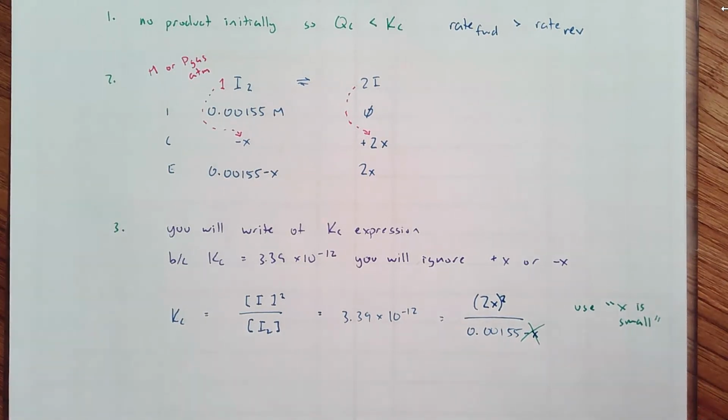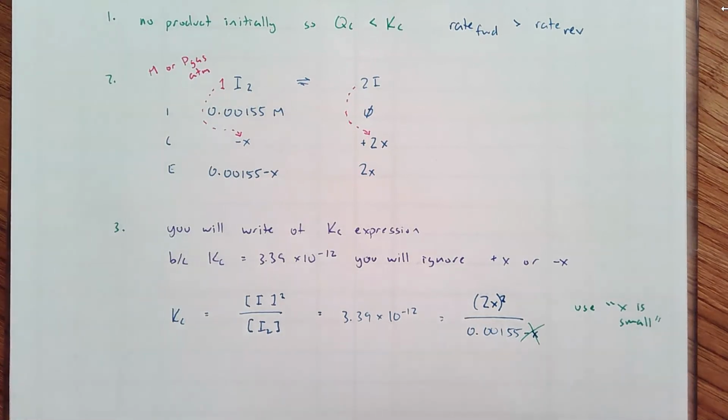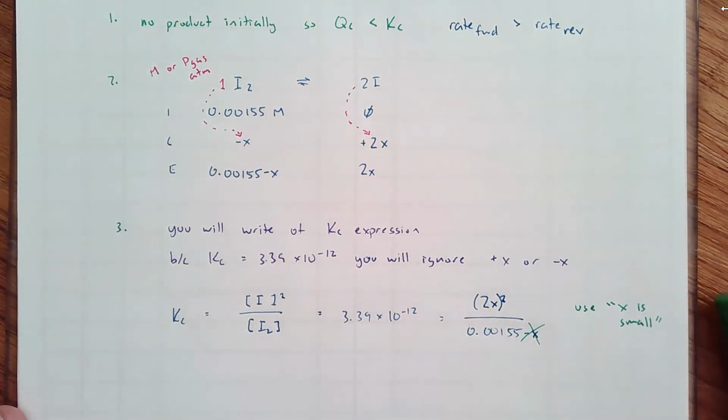So how about we weigh ourselves, with a bunch of change in our pockets, and then we weigh ourselves again but we remove one of the quarters that was in our pockets. Essentially, it's the same weight because that quarter is so small compared to our body weight. We're going to have to double check that. We'll solve for x, and then we'll do the 5% rule.